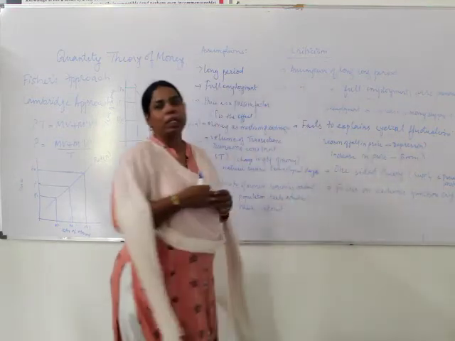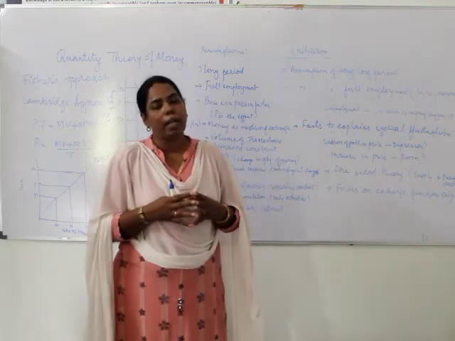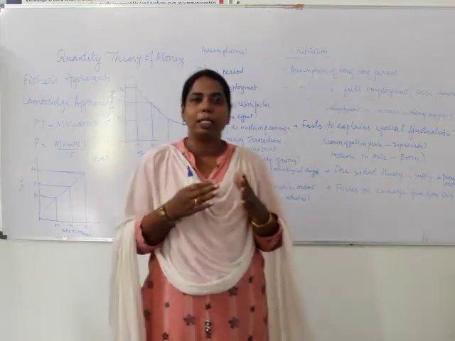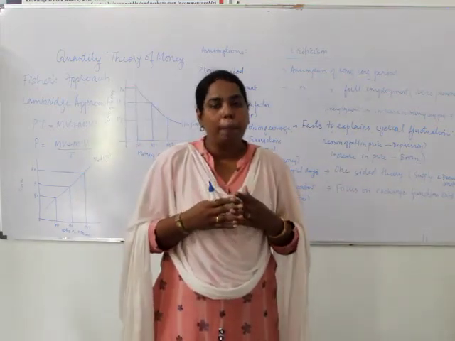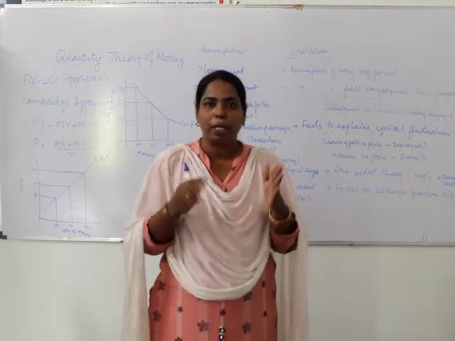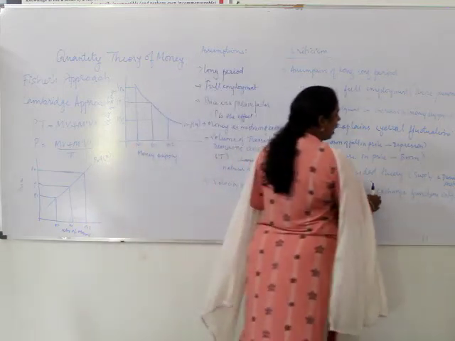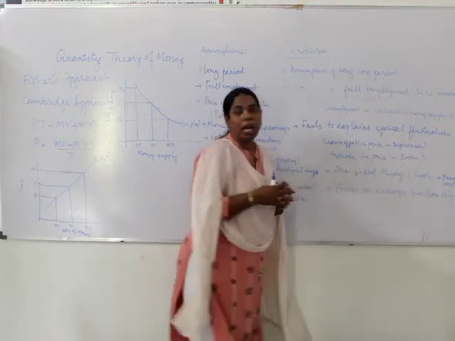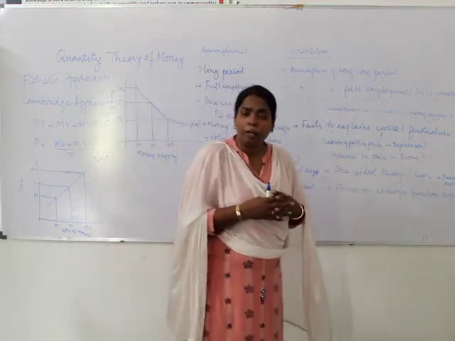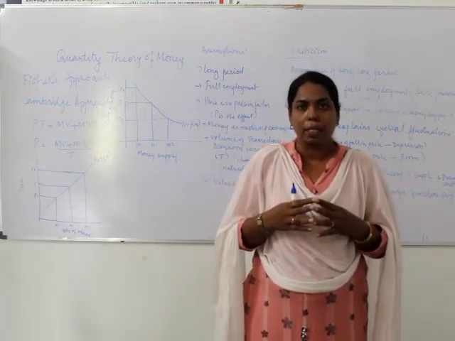And the last criticism is the focus on the exchange function only. Keynes said that money has different functions. Money is also demanded for hoarding and speculation purposes. In the theory, only the exchange function of money is highlighted. So these are the criticisms.